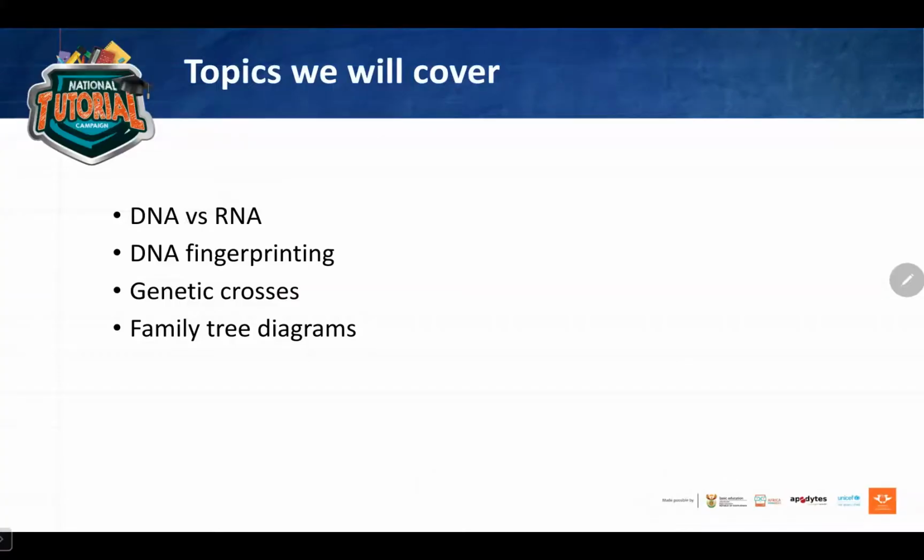So topics that we will cover today include DNA versus RNA, the differences, what they fundamentally are, how we understand them, DNA fingerprinting, and how to answer questions involving that, some genetic crosses, and then family tree diagrams.